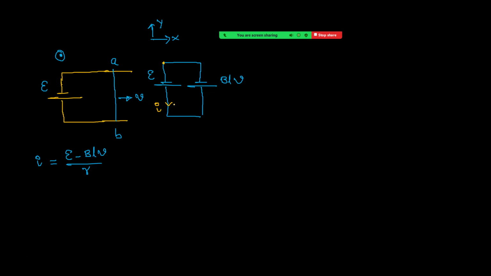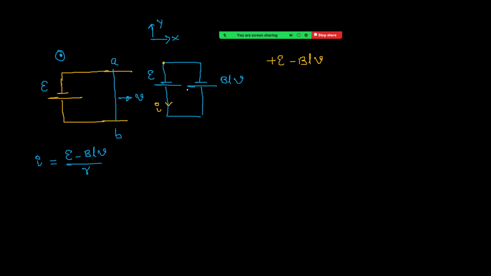Now see carefully. If you take Kirchhoff's second law in this loop, I am moving like this, that means low potential to high potential, so plus epsilon. Next, coming to here, we are moving from high potential to low potential, so minus BLV. Next, this circuit has resistance.